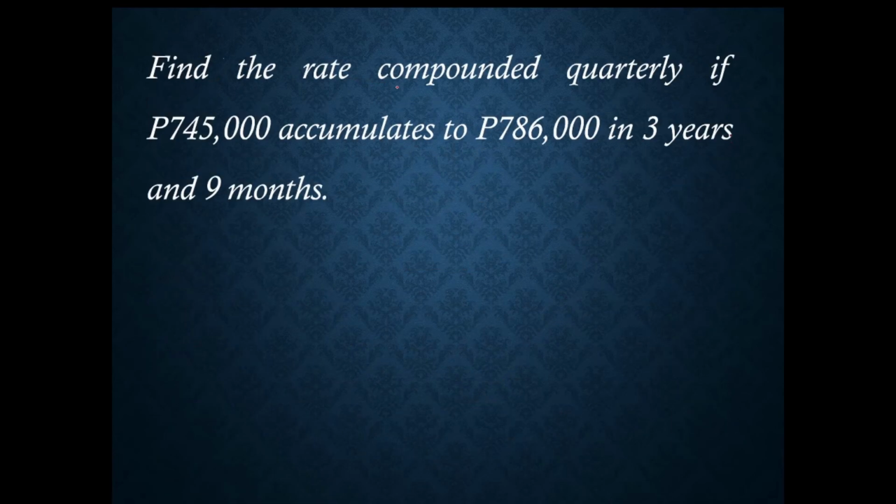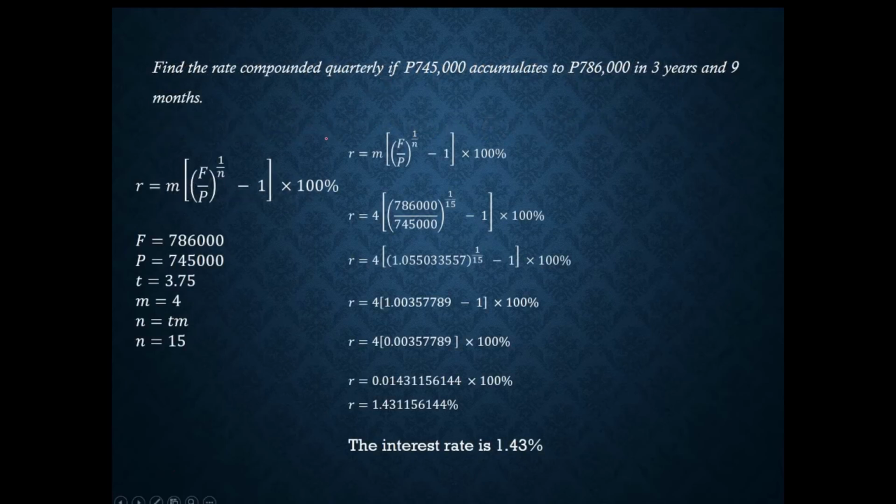Okay, so let's move forward. There's another word problem now. Find the rate compounded quarterly if 745,000 pesos accumulates to 786,000 pesos in 3 years and 9 months. We have the values indicated here. The formula is given here. The substitution is already given here.